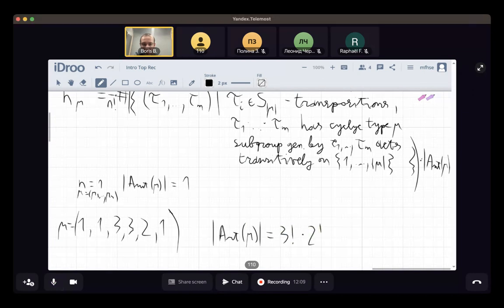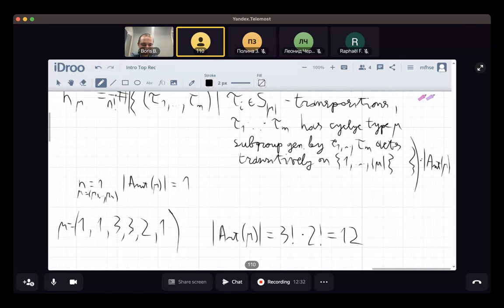So in the end, finally, it's just a product of factorials of the numbers of coinciding parts in the tuple 1, 1, 3, 3, 2, 1. Let me now tell the precise definition.